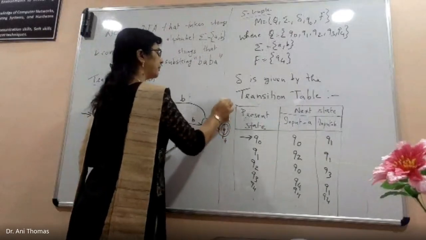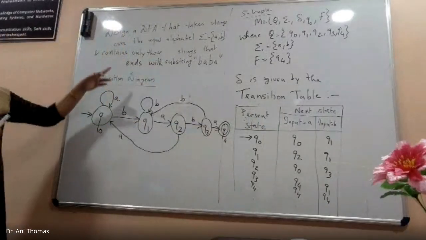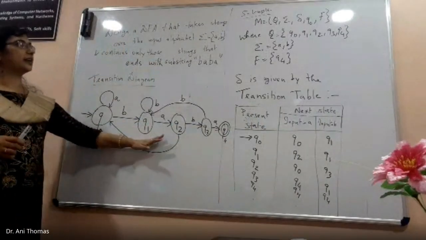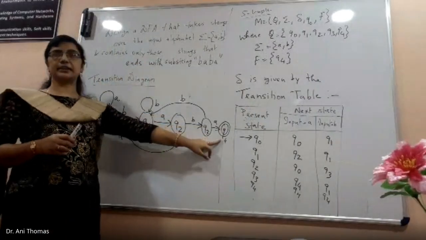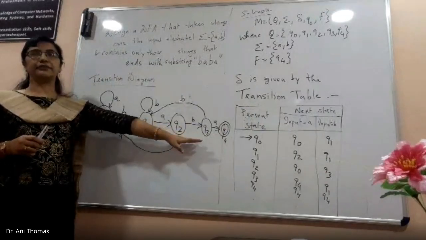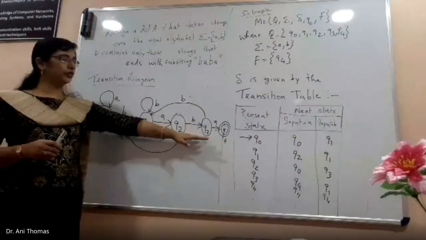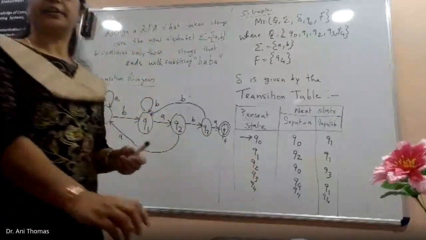Whenever you are making a DFA for the strings with a substring and the strings that end with a substring, only the final state will change. Even if you draw it all over again, you will have the same one for this.